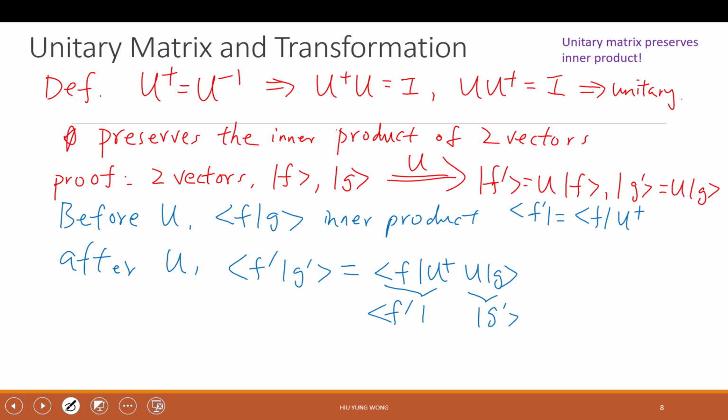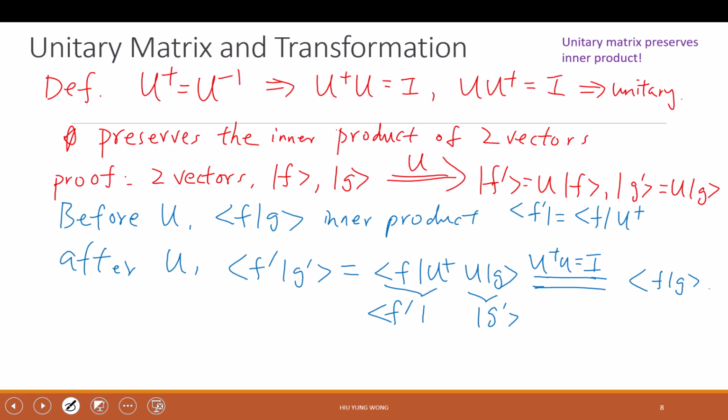Correct? But what is U dagger U? If it is unitary, what is U dagger U? Yes, very good. Identity matrix. And what happens if you apply the identity matrix to anything? It doesn't change anything, right?